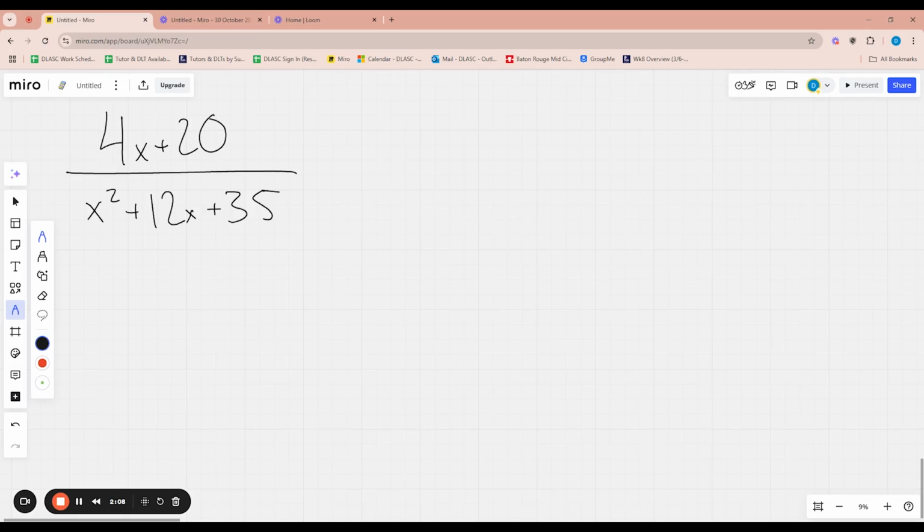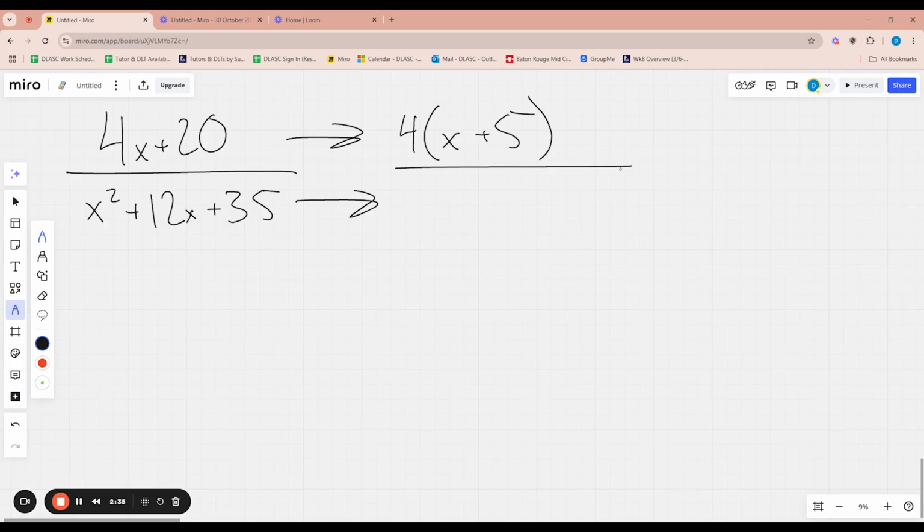That'll be our first step. We're just going to factor this. If we see any prominent factors we can take out, we can do the numerator first, right? So we're going to do 4x plus 20, and that can be broken down. We can take a 4 out of there, so 4 times x plus 5.